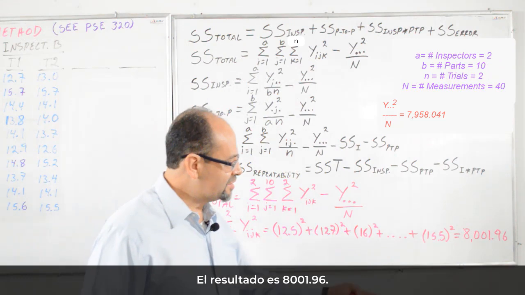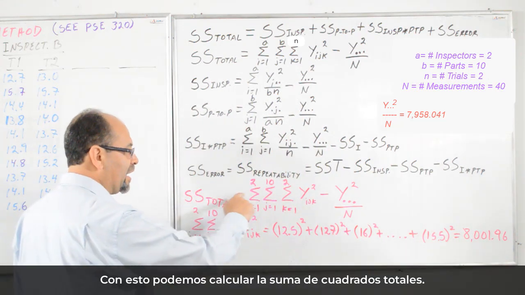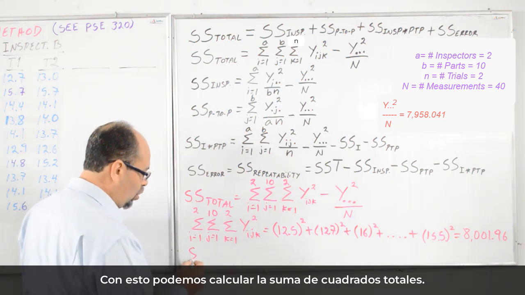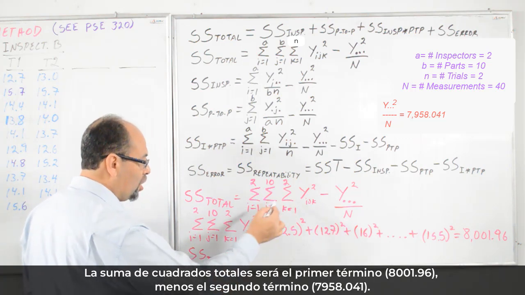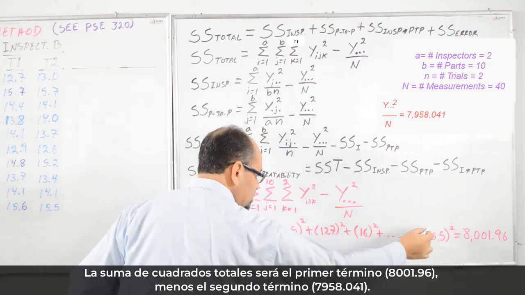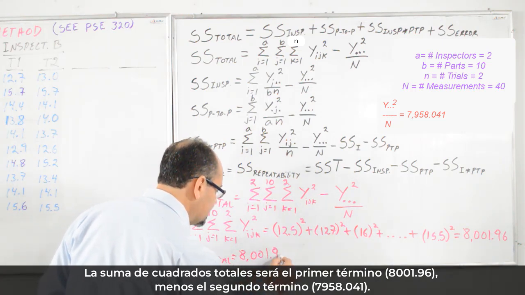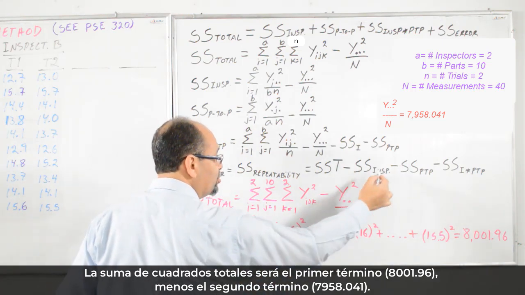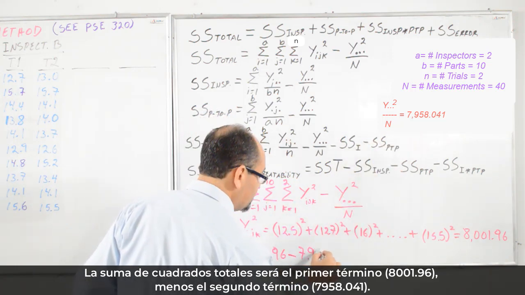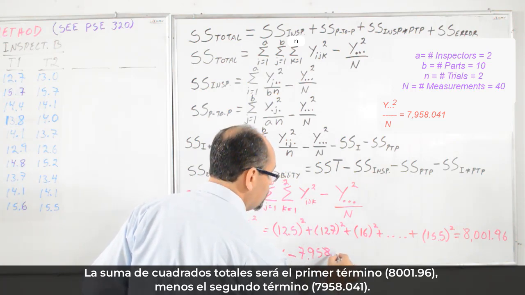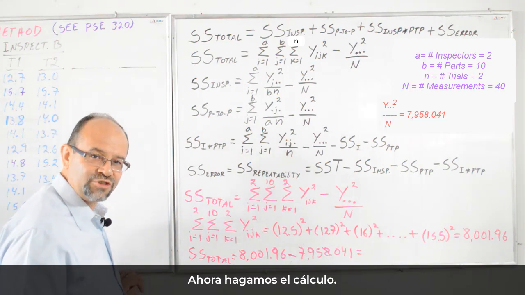The result was 8001.96. With that, now we can calculate the sum of squares total. And the sum of squares total will be the first term, which is 8001.96, minus the second term, which was 7958.041. Okay, let's do the calculation.